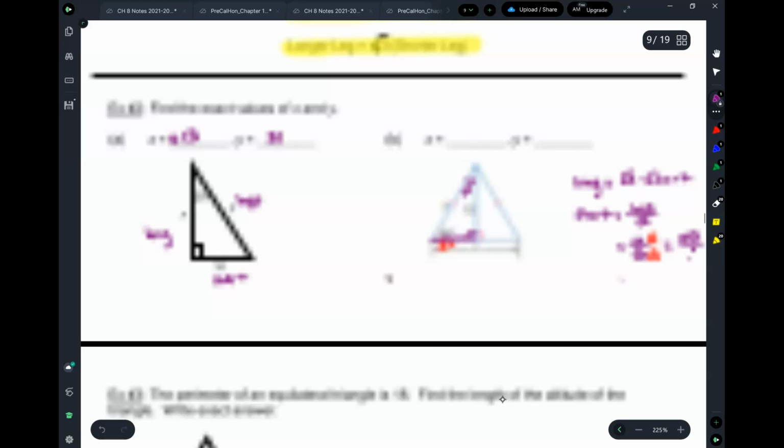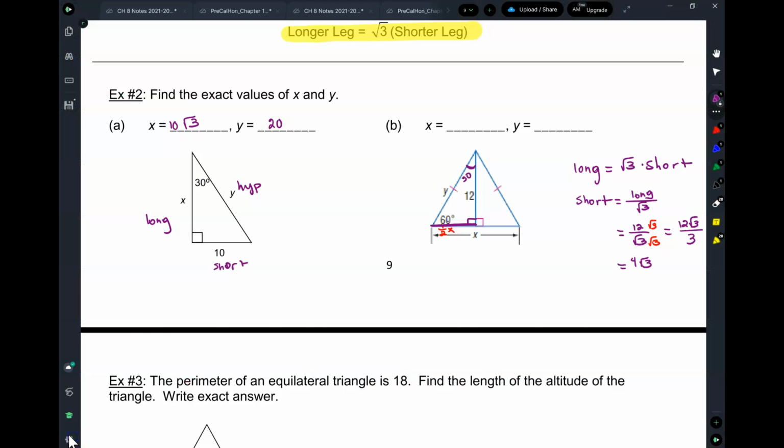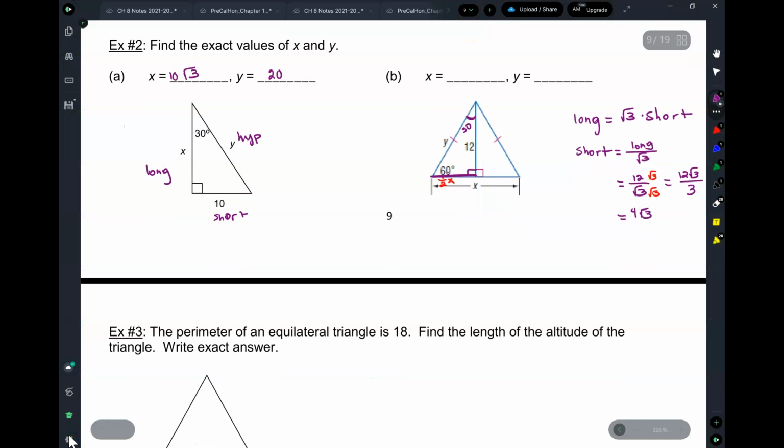This is 4 root 3. So that's the short leg. That's 4 root 3 over here. So how much is x? X is 2 times 4 root 3, 8 root 3. Okay. Now, y is the hypotenuse.